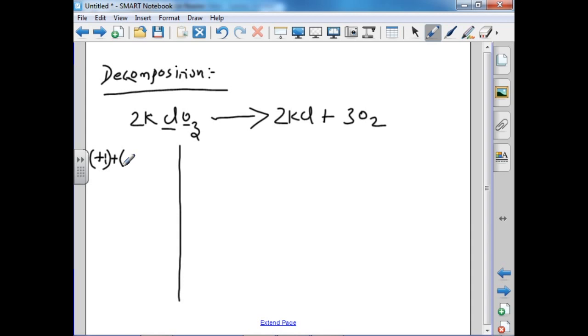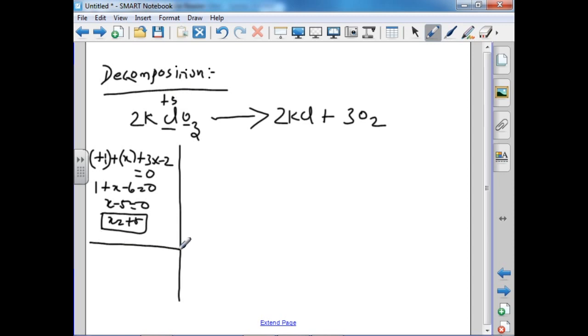Now we calculate the oxidation number of chlorine. So plus 1 plus x plus 3 into minus 2 equal to 0. 1 plus x minus 6 equal to 0. x minus 5 equal to 0. x equal to plus 5. So the oxidation number of chlorine in chlorate is plus 5. Next, oxygen in chlorate: plus 1 plus 5 plus 3 into x equal to 0.